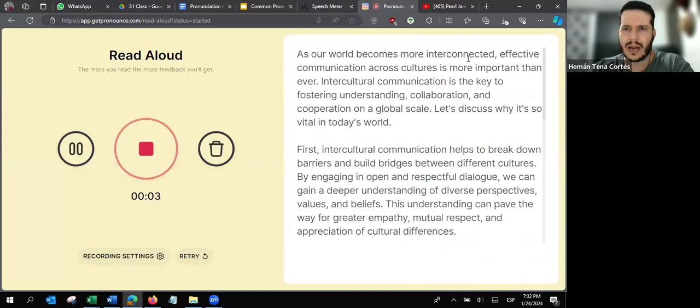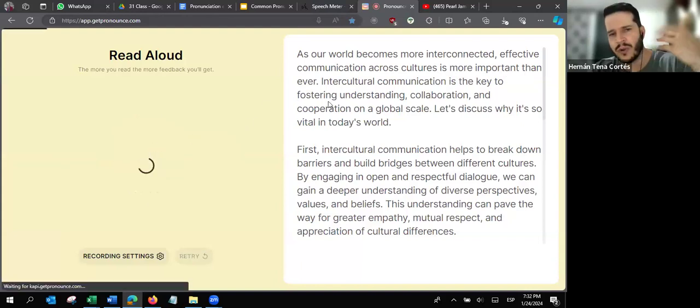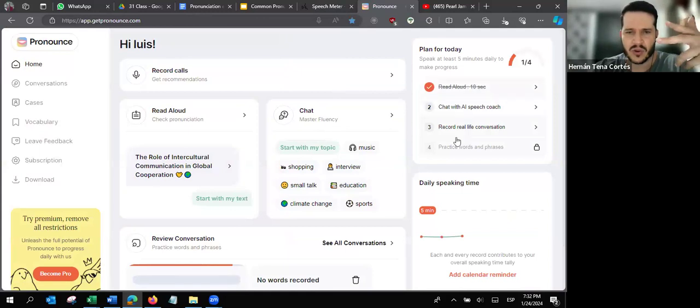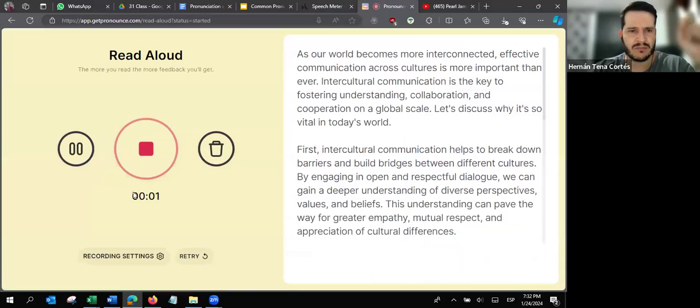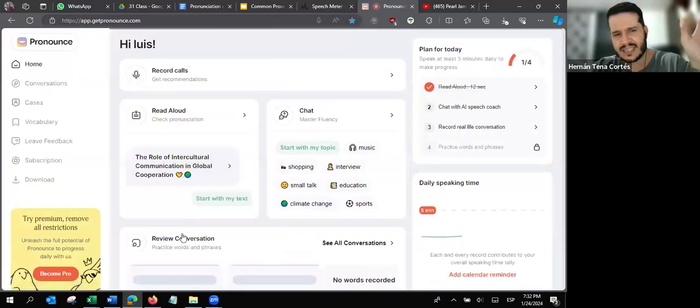As our world becomes more interconnected, effective communication across cultures is more important than ever. Okay, so you read the paragraph, they give you a score, and you can do many things there. You can check your pronunciation.